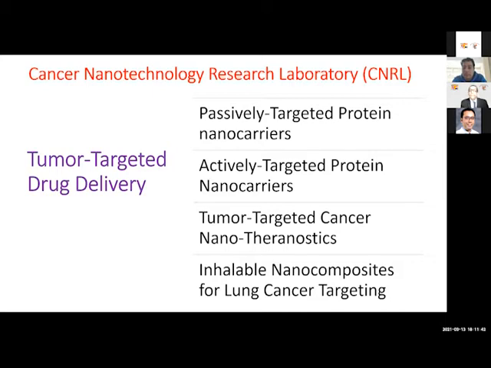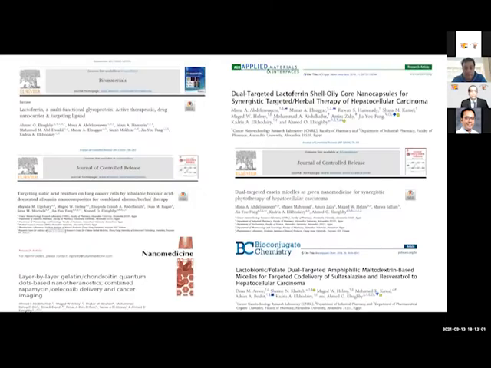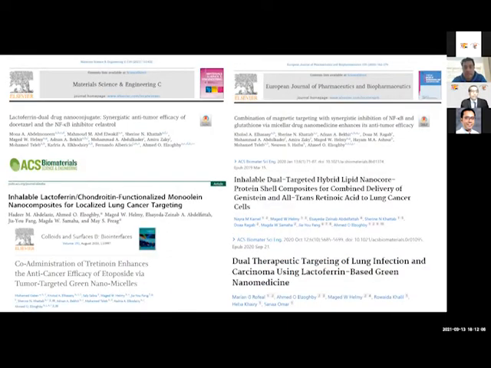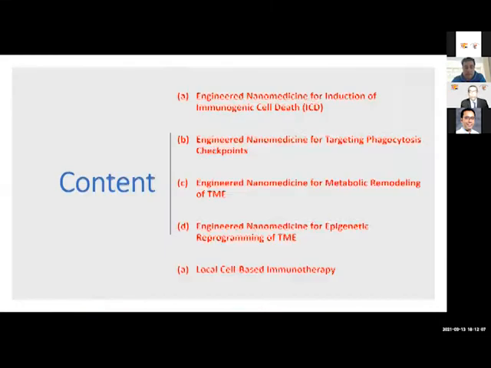Also, we did some work on cancer nanotheranostics for imaging breast cancer and liver cancer in addition to therapy. Finally, we developed some inhalable nanocomposites for lung cancer targeting. We have made some patent applications and have a few publications in high-impact drug delivery journals. That was our lab in Egypt.